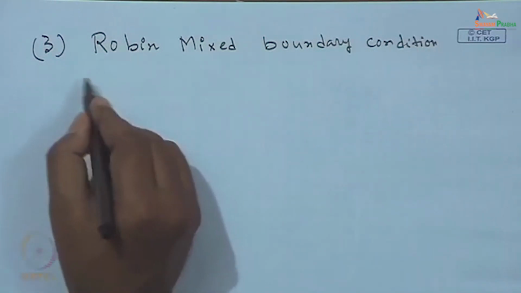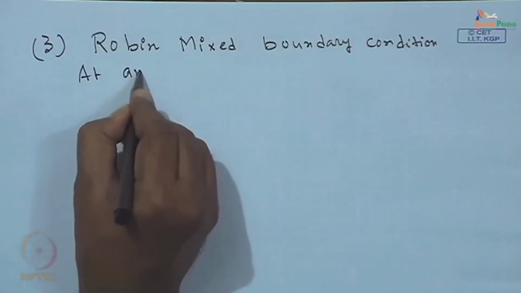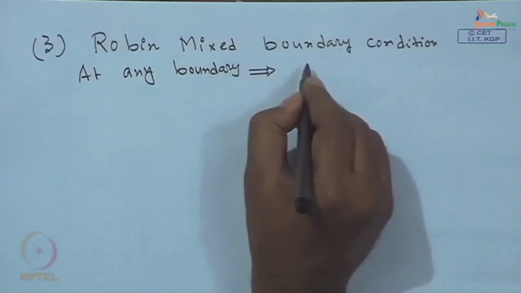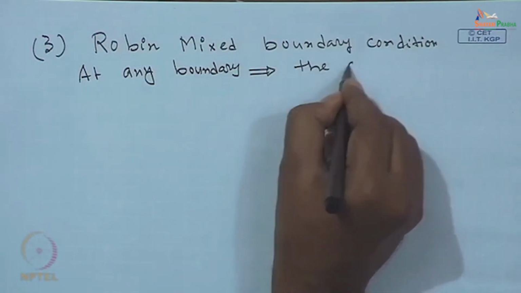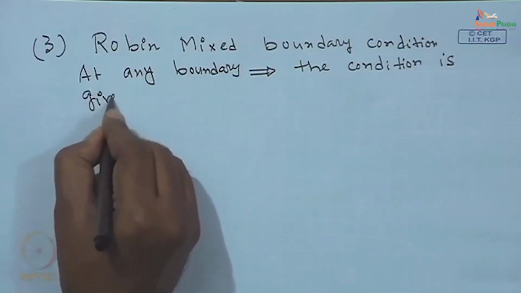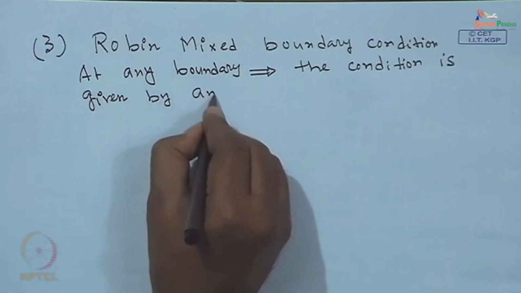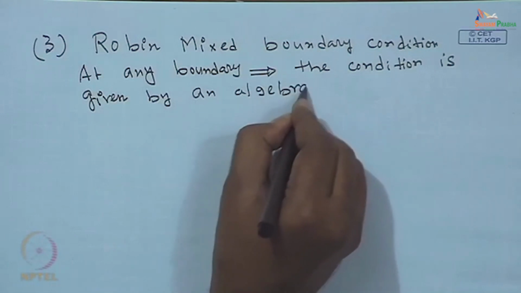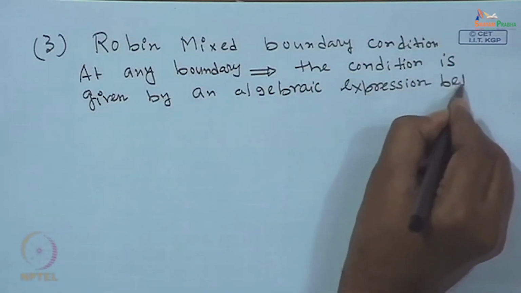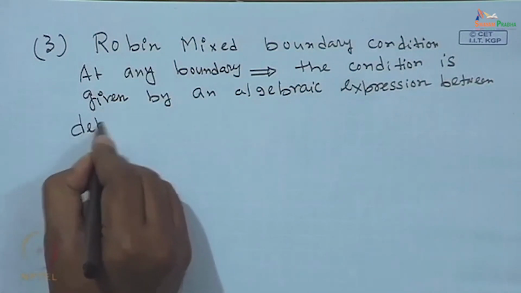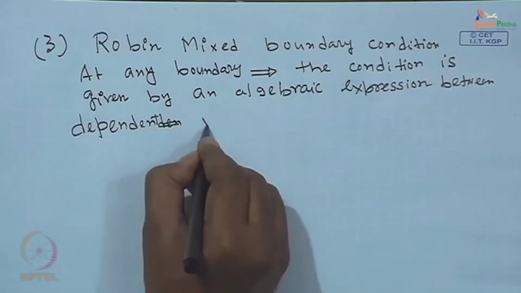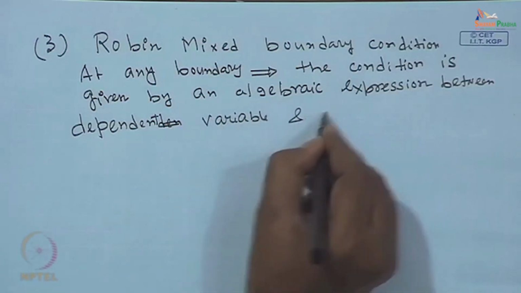Okay. Next one is the Robin mixed boundary condition. In this case, at any boundary, the condition is given by an algebraic expression between the dependent variable and its derivative.